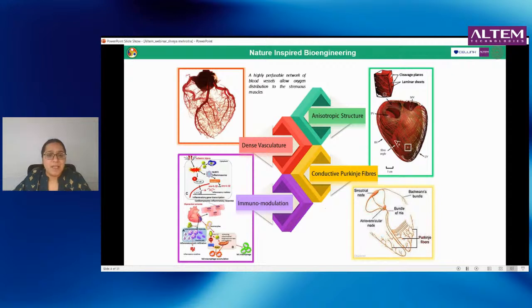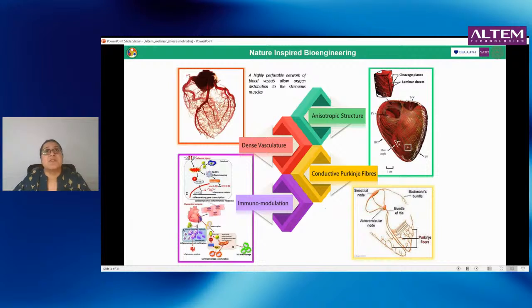And lastly is the immunomodulation or immunoacceptance, where these cardiac patches or cardiac tissues that we are engineering, if we are looking towards a regenerative approach, should have the ability to modulate the hostile MI environment, because the environment of the heart right after a heart attack is quite hostile.